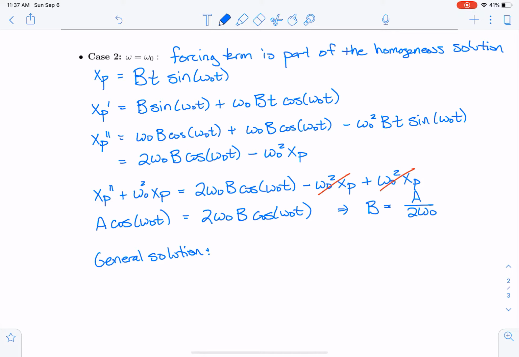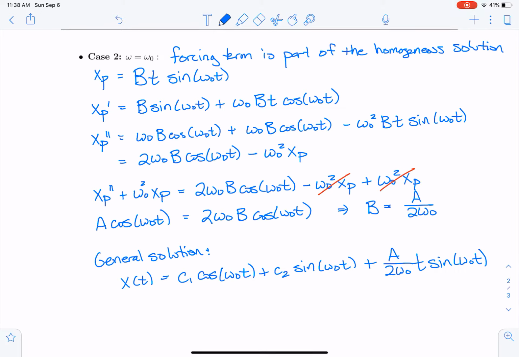So x of t equal to c1 cosine omega 0 t plus c2 sine omega 0 t, and then plus the particular solution a over 2 omega 0 t sine omega 0 t. So our general solution is the homogeneous solution plus that particular solution.